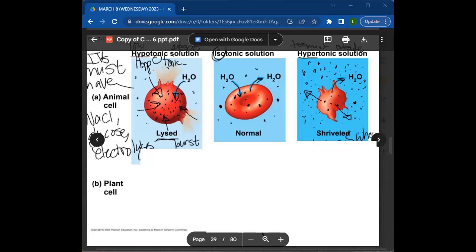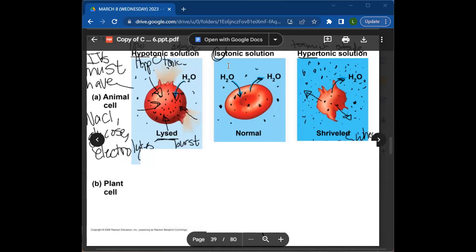Remember that water is always going to move to the area where it's more crowded, where there's a party with more people. So it's going to move into the cell. And if too much water flows into the cell, then the cell may burst. And if it bursts, that's called lysed. So lysing, you should remember, is bursting.